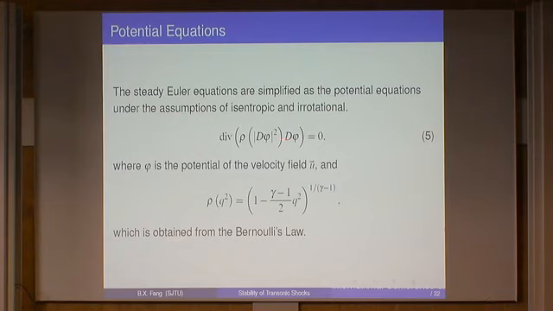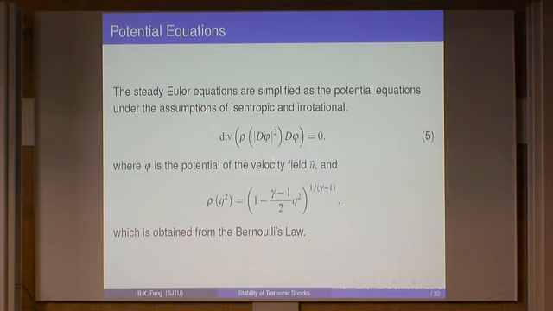Okay. So under these two assumptions, the Euler system is reformulated as these potential equations. So this phi is the potential of the velocity u, and the density can be expressed as a function of the speed, which can be obtained from the Bernoulli's law. So then this potential equation is a mixed type equation.